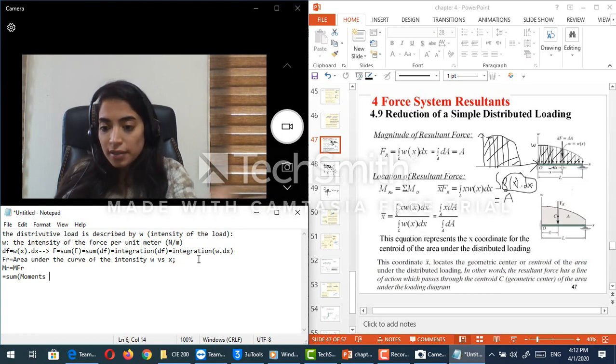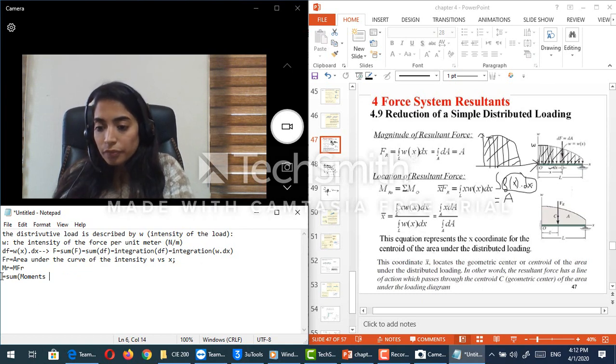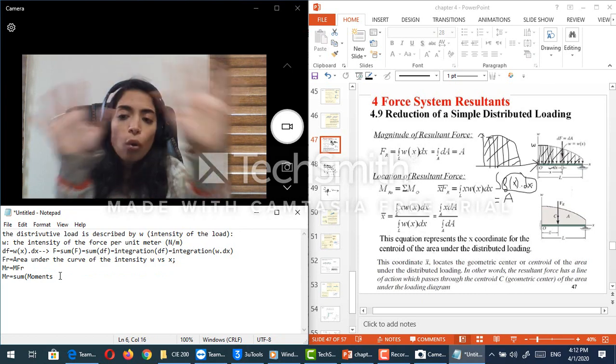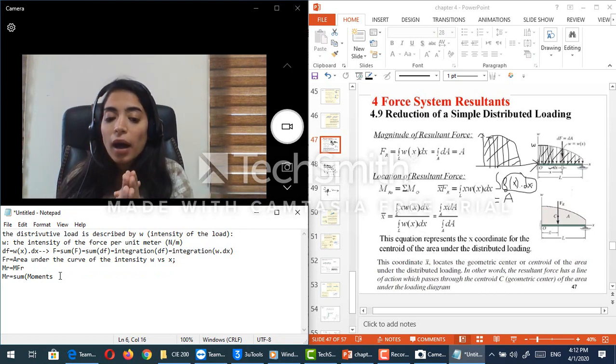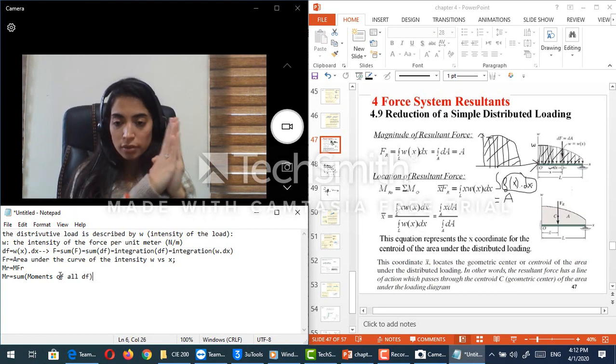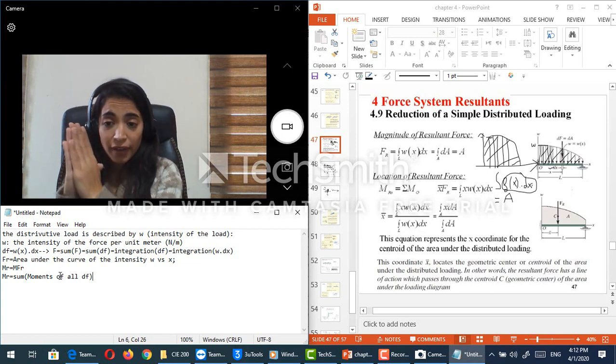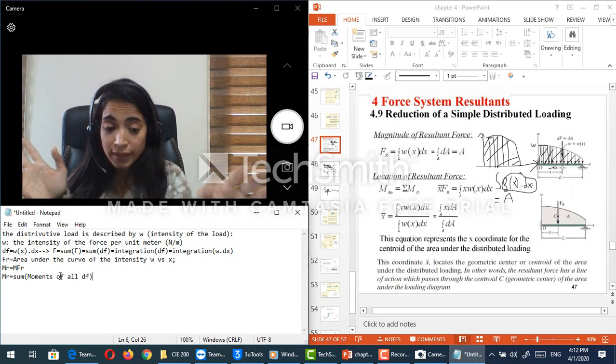So I will write this in details. M resultant is equal to the sum of all the moments caused by all dF, the differential force. So I have several dF, and I should find the moments of all these dF.